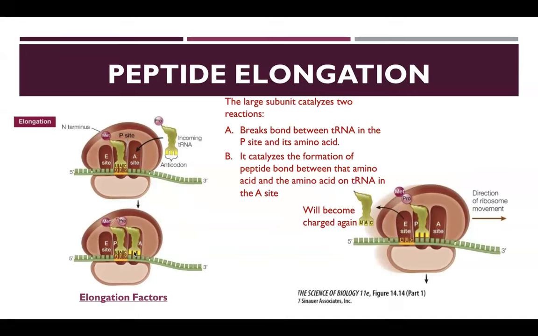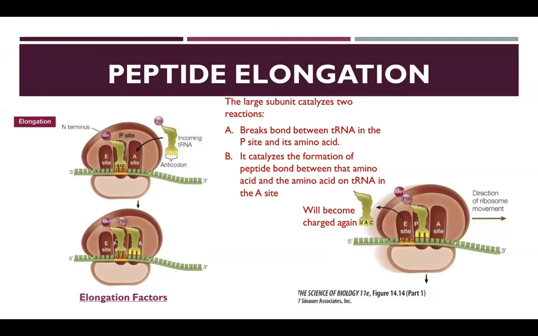Then two reactions are catalyzed. First, the bond between the tRNA in the P site and the amino acid is broken apart. So right here, the bond between methionine and the tRNA is broken so that another peptide bond can be formed between methionine and proline.